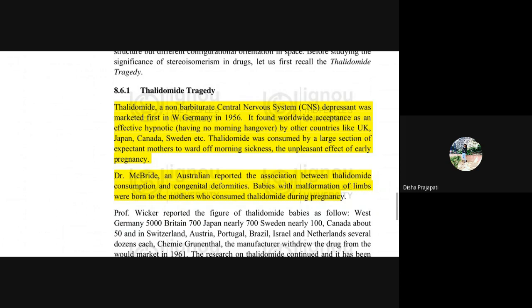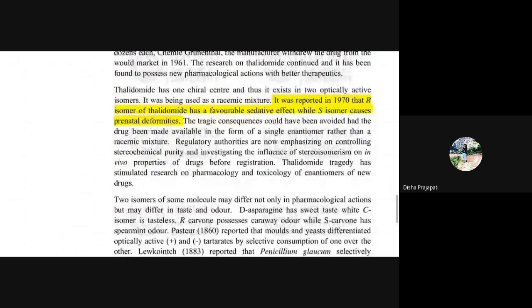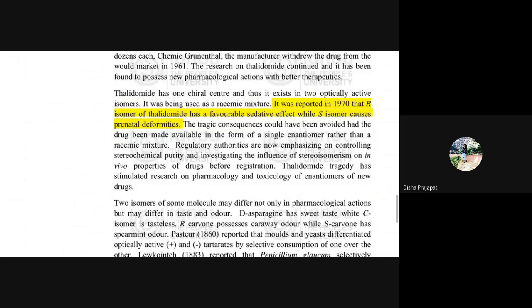So it was found that thalidomide is the main culprit drug which causes congenital anomalies or congenital deformities in the babies. It was reported in 1970 that R isomer of thalidomide has a favorable sedative effect, while S isomer causes prenatal deformities. So, different stereoisomers can have different effects in the body.